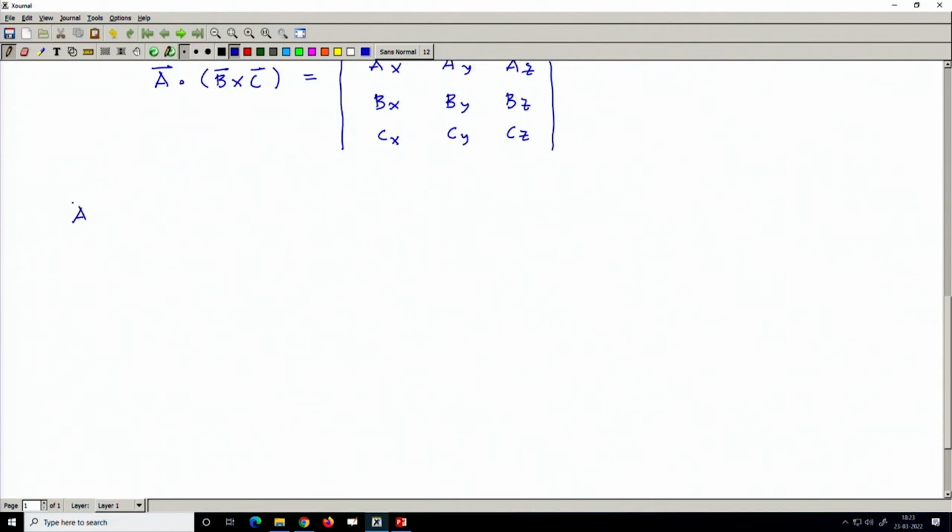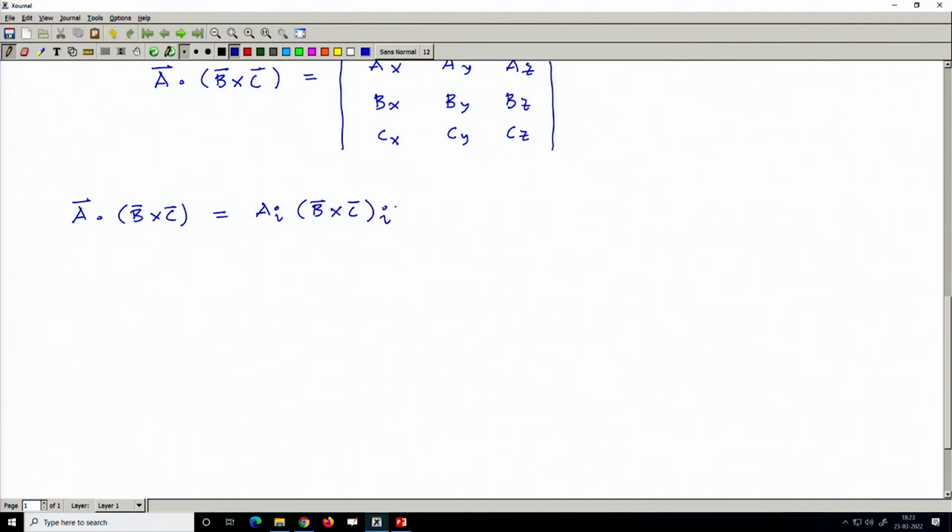A dot B cross C is a dot product. You can see B cross C is a vector, and we know that this dot product can be represented like A_i times whatever the vector we have, (B cross C)_i.